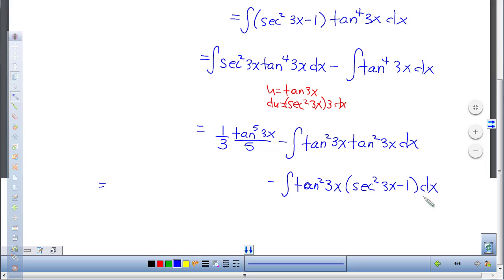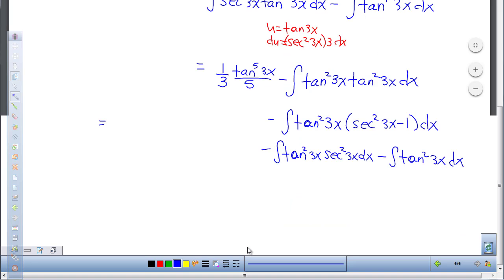It was secant squared 3x minus 1. Then we distribute. So minus the integral of tangent squared 3x secant squared 3x dx, minus the integral of tangent squared 3x dx. So we've got to do that part.